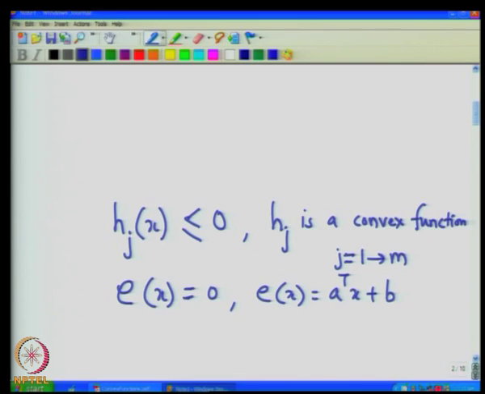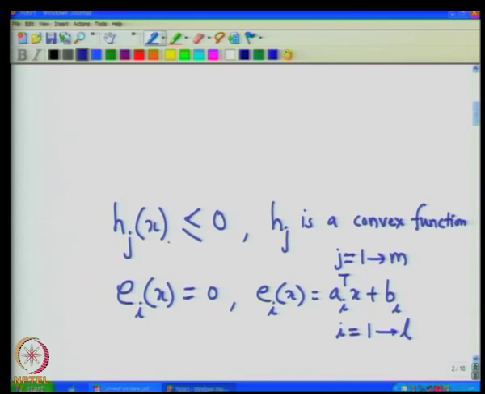Now, let us take a certain number of such affine sets. So, let us assume that each Ei is of the type Ai transpose x plus bi, where Ai's are not equal to 0 and i is going from 1 to L. Now, we have Hj(x) less than or equal to 0, where Hj is a convex function, and we have m such convex functions.